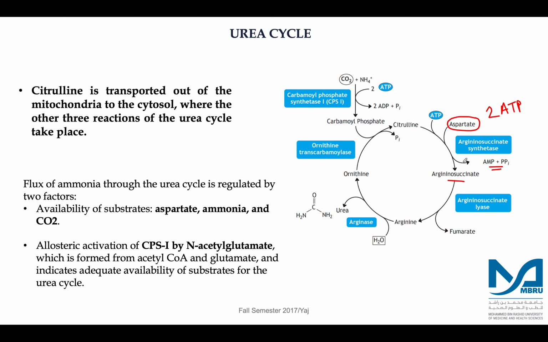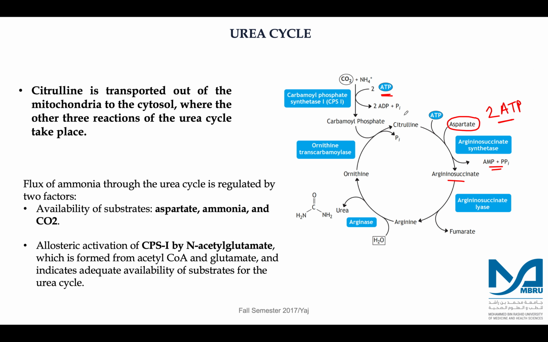I'm not going to go through all the steps, but what I want you to note here is in the first step I use 2 ATP. Here, for purpose of calculation, I also use 2 ATP. So the net use of ATP in the urea cycle in order to make urea is 4. 2 plus 2 is 4. Number of ATP molecules, of course, is 2 plus 1, 3.